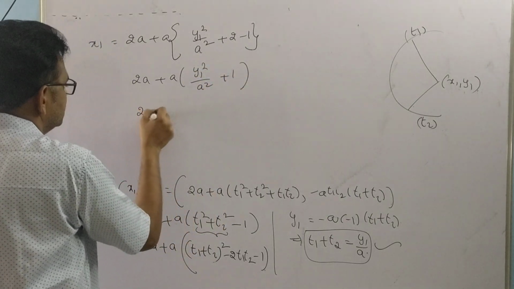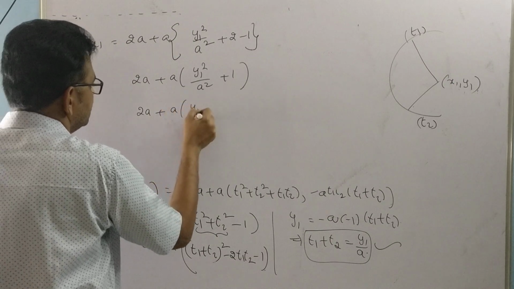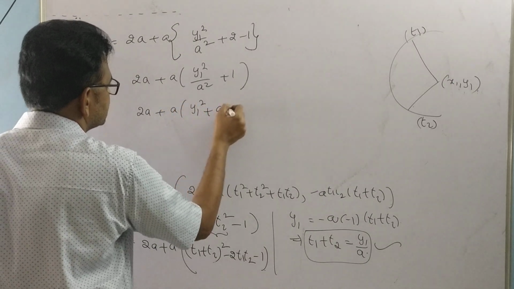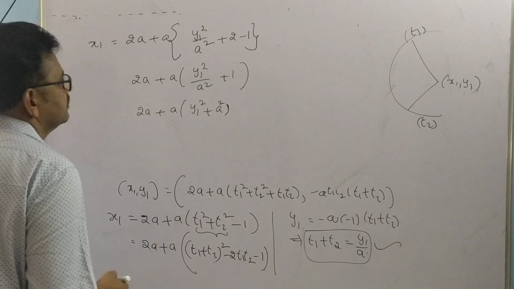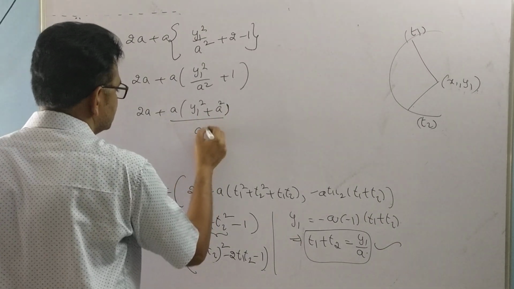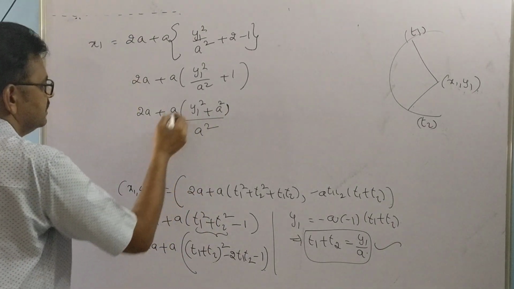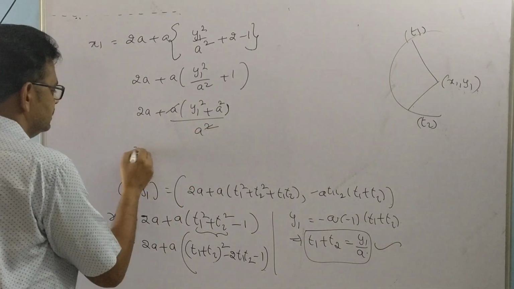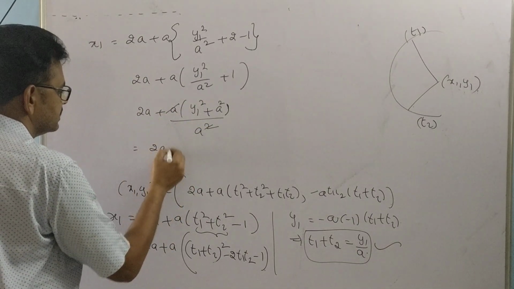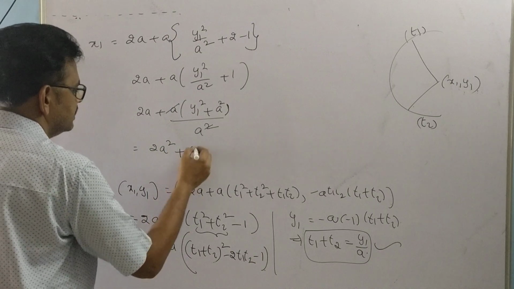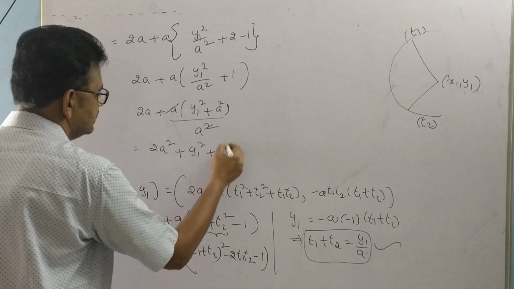So this is 2a plus a into y1 square plus a square by a square. Okay, this a, 1a gets cancelled. This is 2a square plus y1 square plus a square.